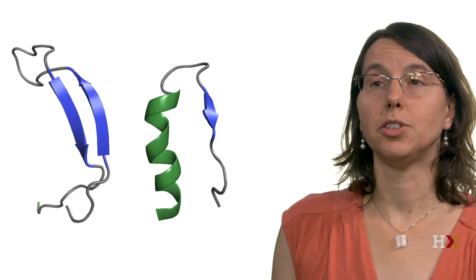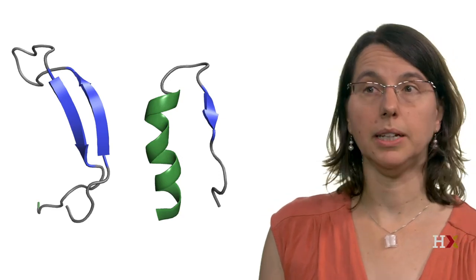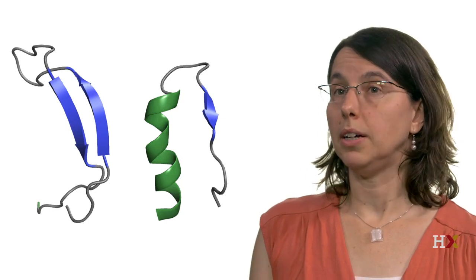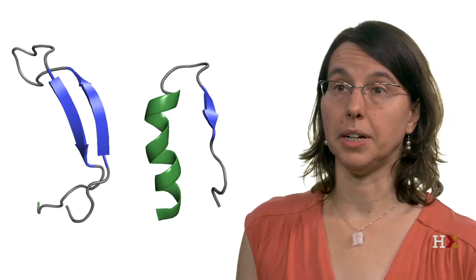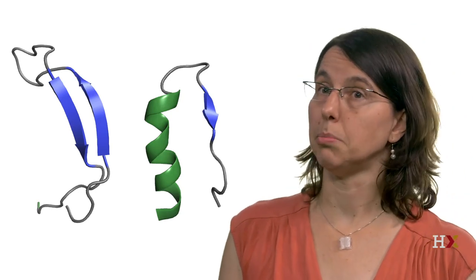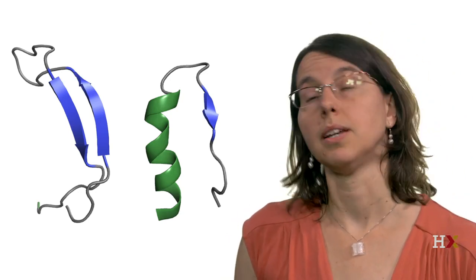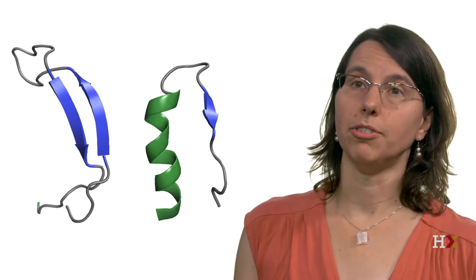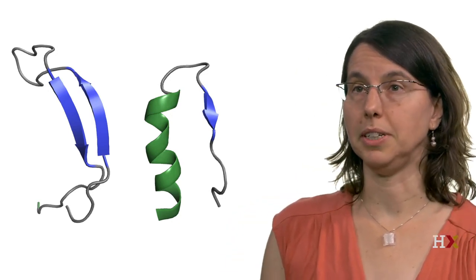Remember we talked about two special amino acids, proline and glycine, both of which have a lot of interesting conformational properties. Glycine being very flexible and proline being restricted but being able to form cis peptide bonds. And so proline and glycine are often found within loop regions of proteins.